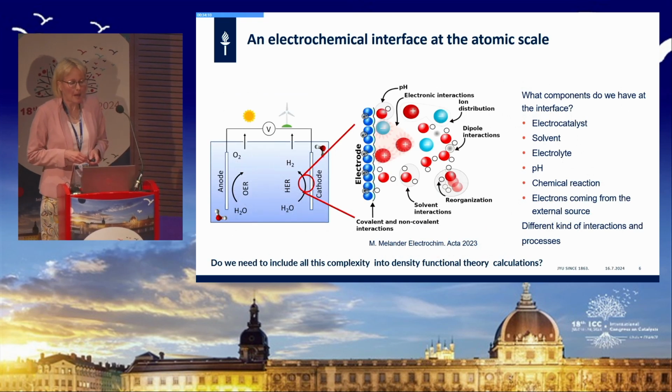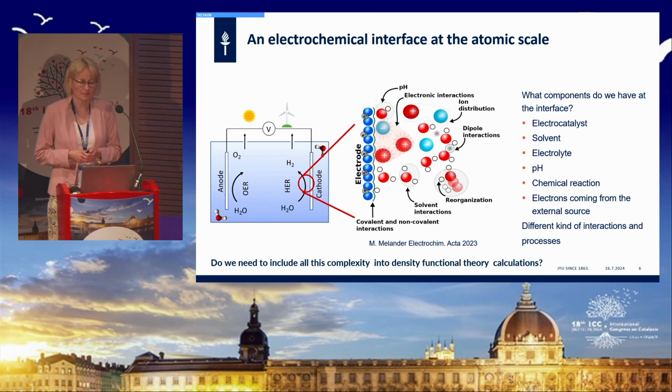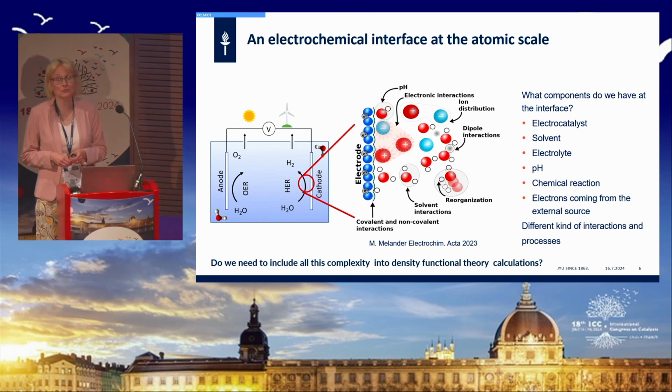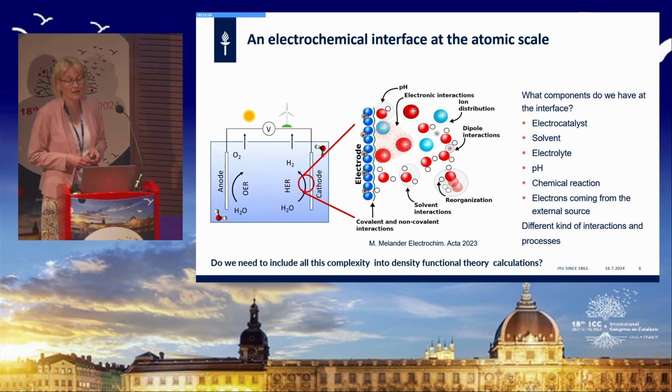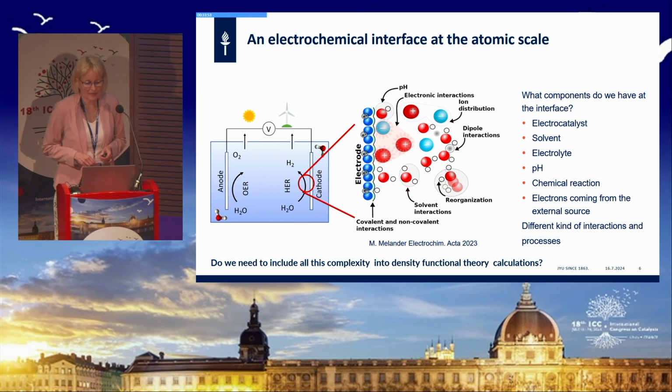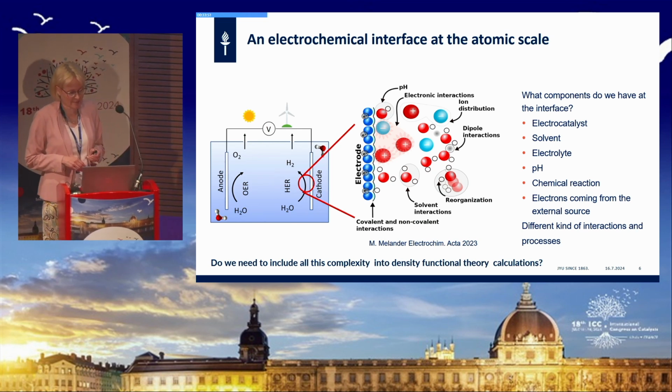But yes, so like I said, we will use first principles calculations. And now the question is, how do we model this electrochemical interface? How does it look at the atomic scale? Marko Melander made this very nice picture in his paper, and I borrowed it from there. So what components do you have there?